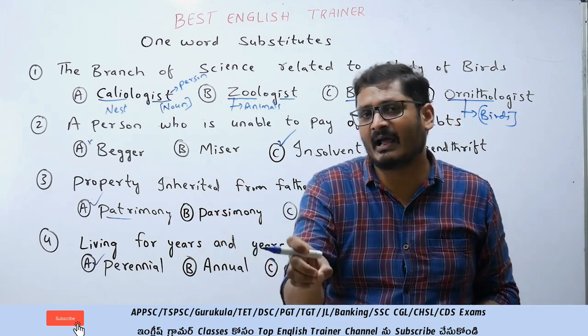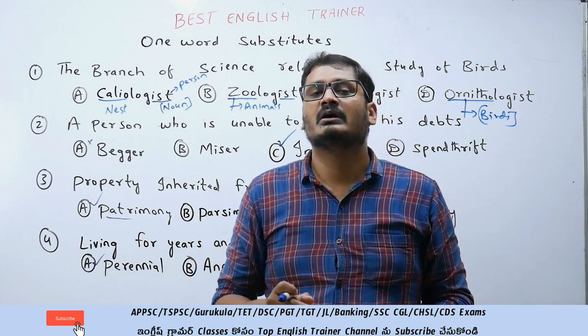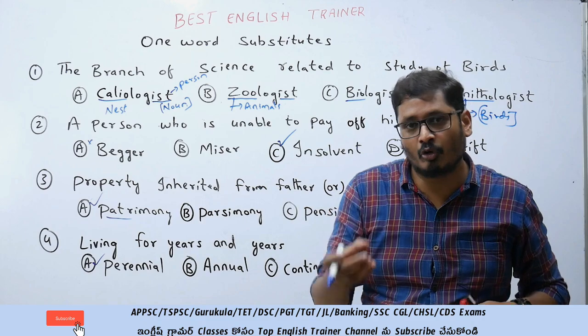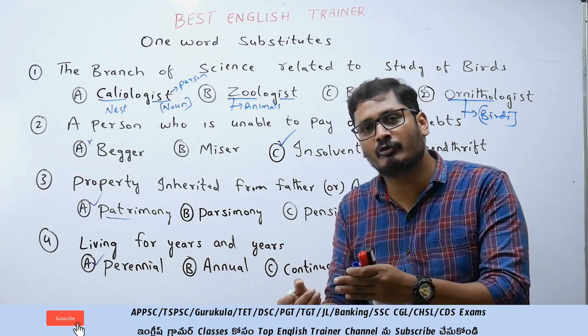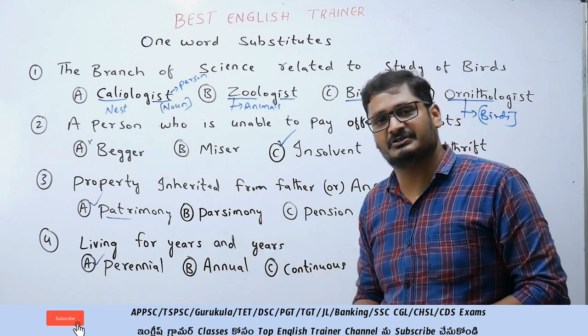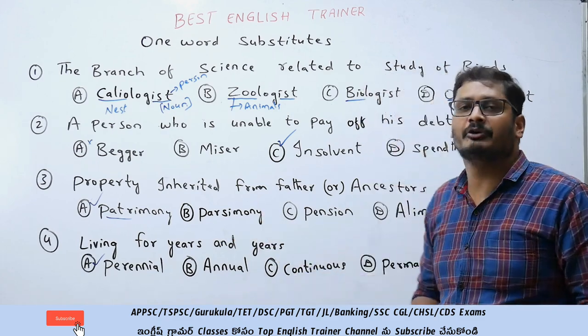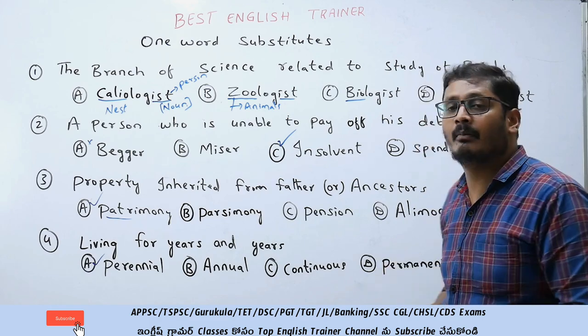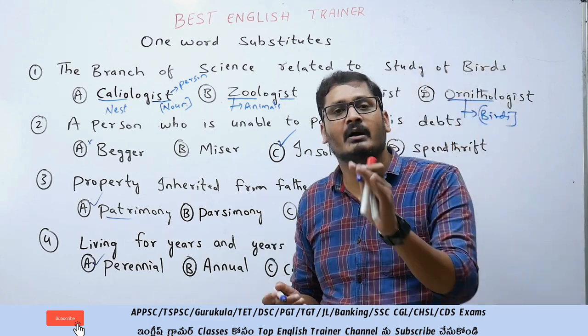And there are certain plants which would die within 1 year of time. They would grow, give seeds, give fruits and die within 1 year, and that we call annual plants. Now next we have continuous. If something is continuous, we call it continuous. Next we have permanent.